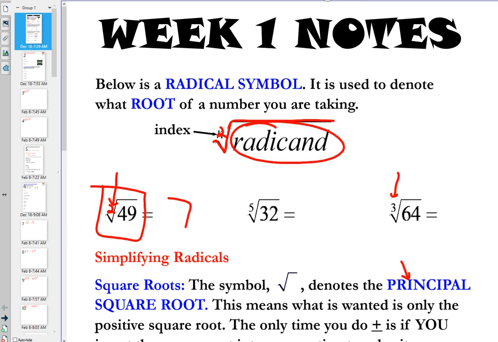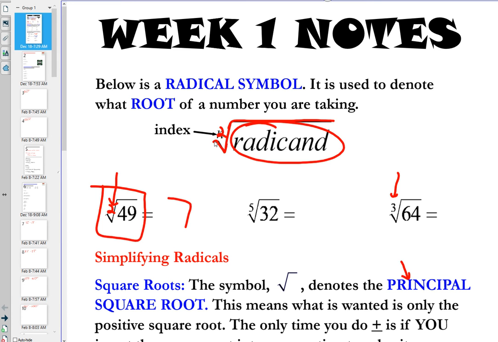That's an even index. What this is telling you is that 7 times 7 is 49, which is true. But is there any other number that you can multiply times itself and get 49? Yeah, negative 7 also. Negative 7 times negative 7 is 49. So negative 7 is also a root of 49, but 7 is the principal root. Without even indexes, you don't have to worry.